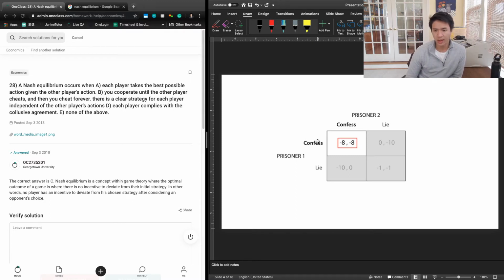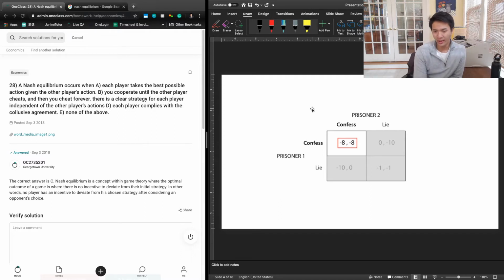Nash equilibrium occurs if you have a clear strategy that you can take, assuming that the other person does not change their strategy. In terms of the answer choices here, it's going to be answer choice C that best explains that relationship: there's a clear strategy for each player independent of the other player's actions.